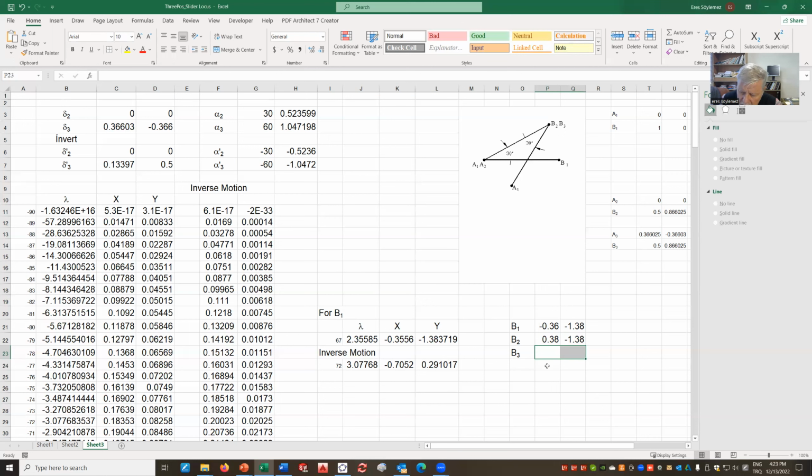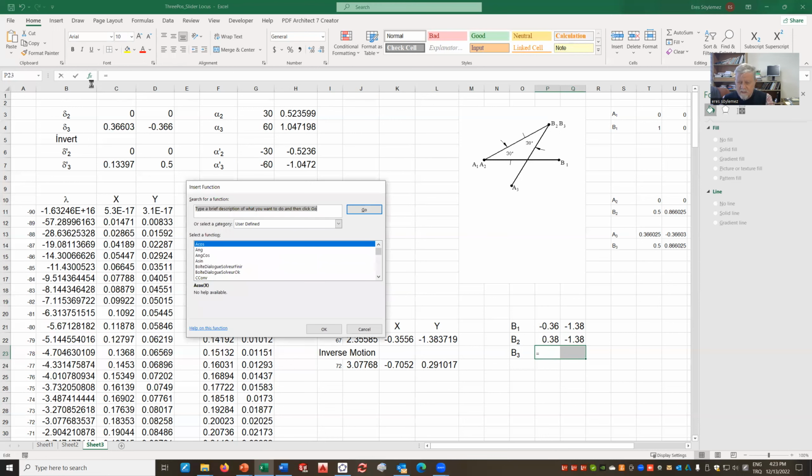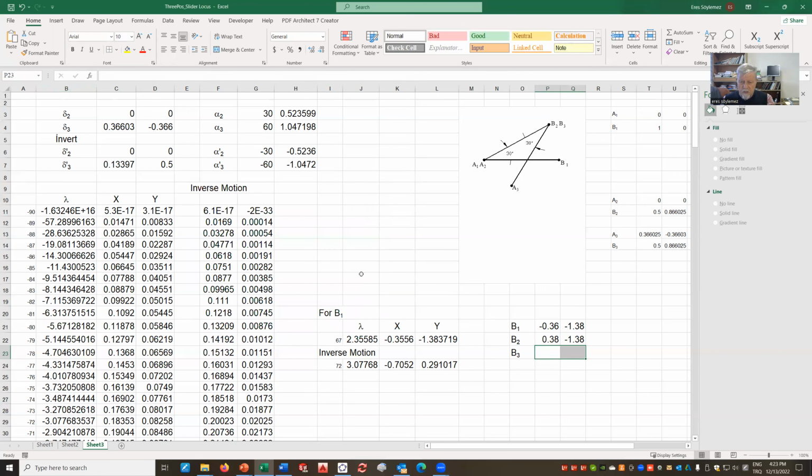First, I think I can do it over here. But first, let me rotate the Z vector by an angle alpha 2.